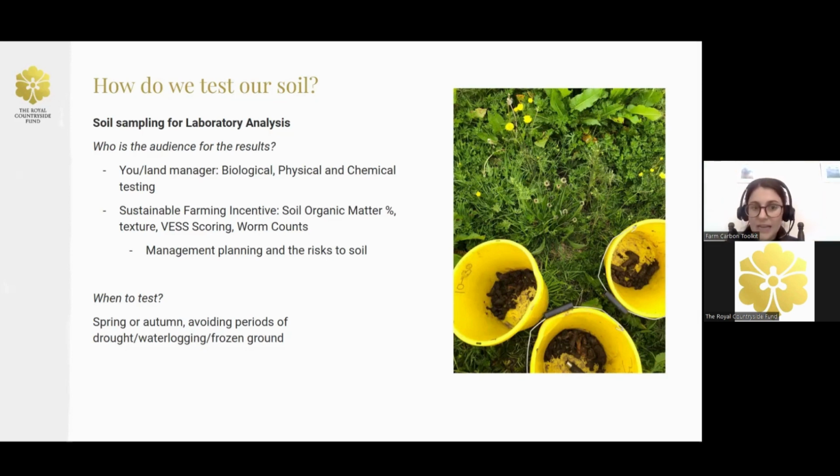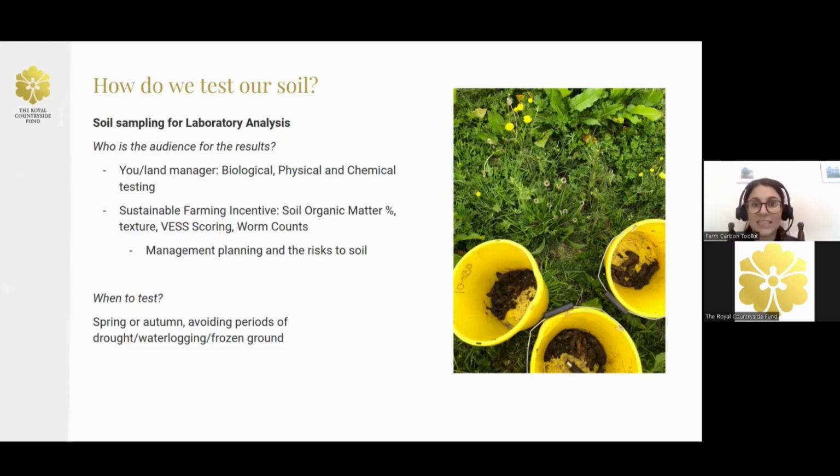It might be that now, with some of the agri-environment schemes, such as the SFI, you're looking to test to hit the requirements of those schemes. So for the SFI, you'd be looking to test for your soil organic matter. You'd look for texture, and then maybe do a VEST score and a worm count. With those, you can get a laboratory test for texture.